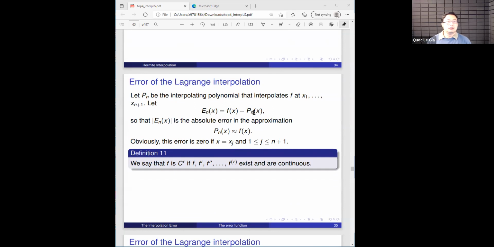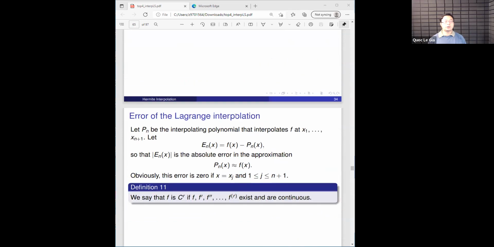Remember, the interpolation makes the function values equal the polynomial only at the interpolation points. So it means that the error equals 0 at the interpolation points, but at other points it might not be zero.